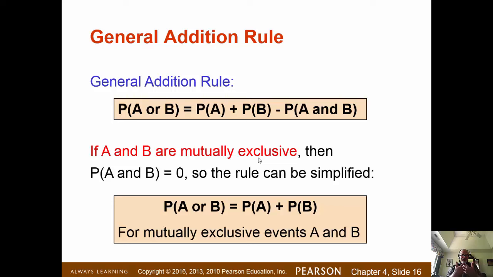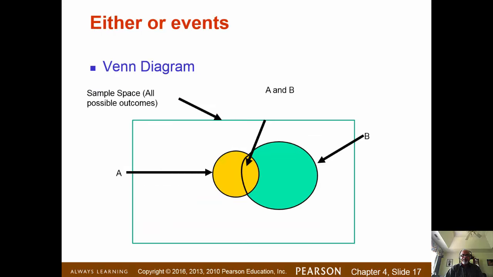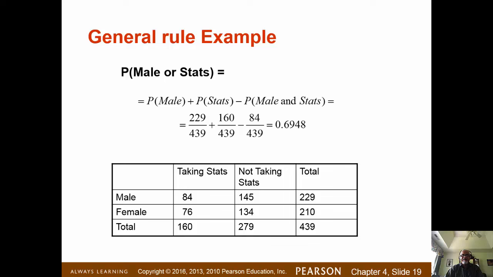Then the probability of A or B would be just probability of A plus probability of B. Here is an example: probability of male or stats. You have probability of male, which is 229 over 439, plus probability of taking stats, 160 over 439, and then you subtract the joint probability, which is 84 over 439.